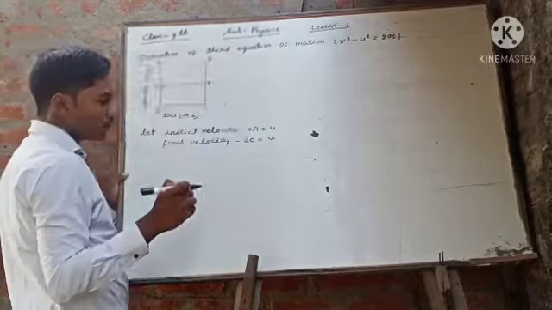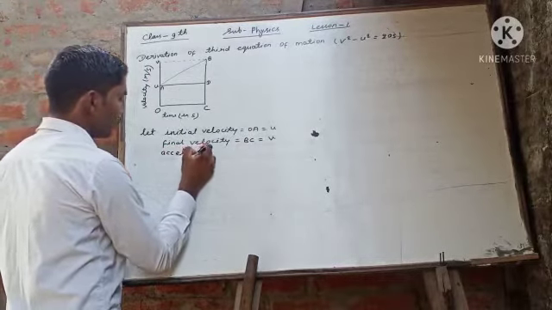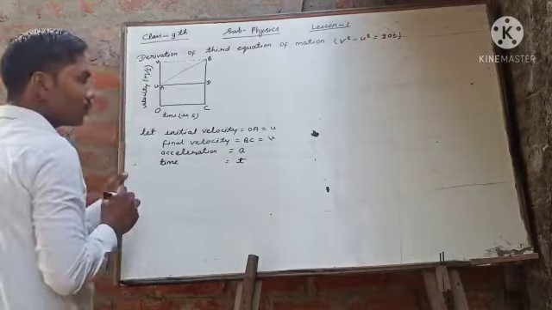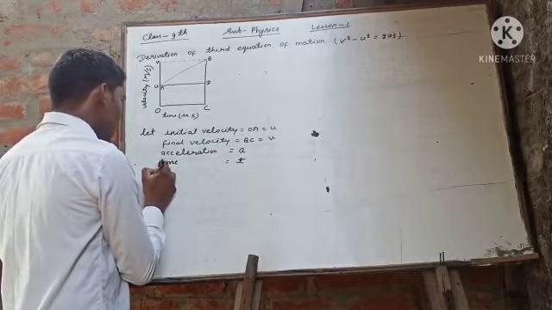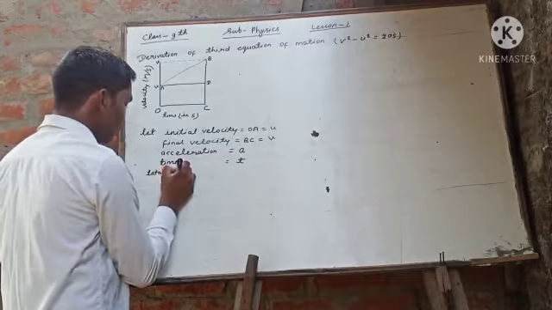You can see here v, acceleration a, time t, and total distance covered s. Now we will derive the equation. So, derivation.